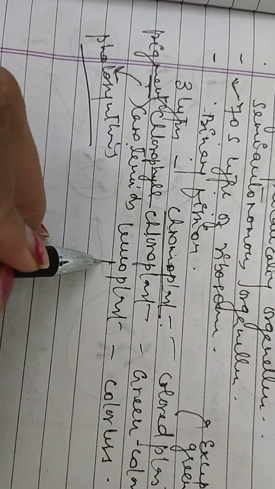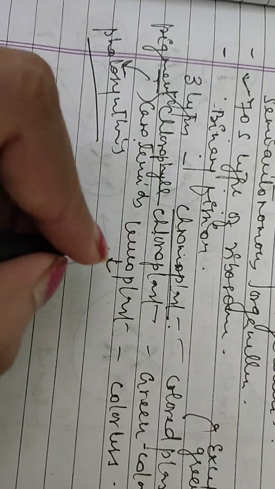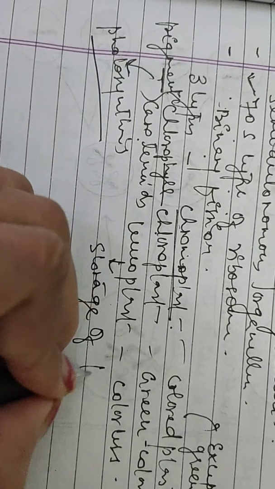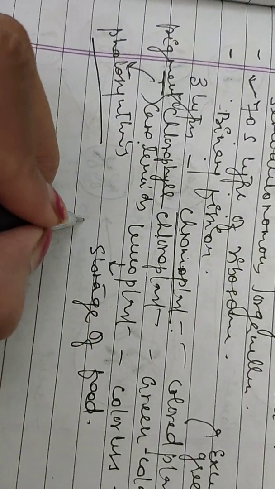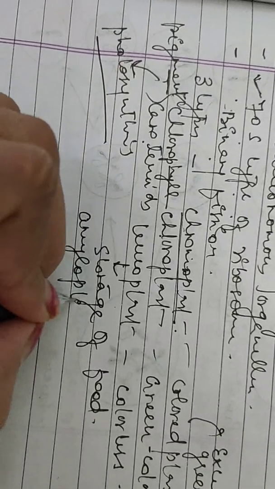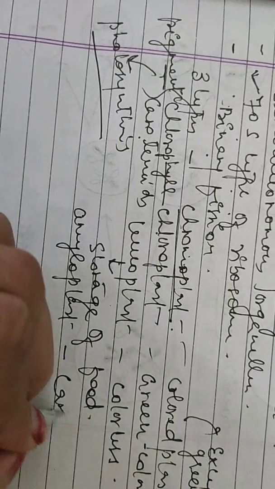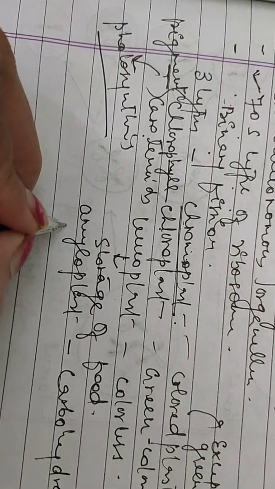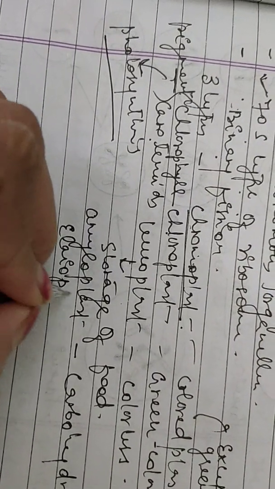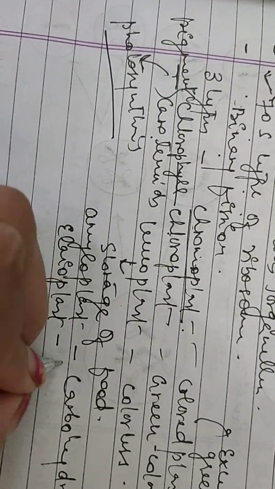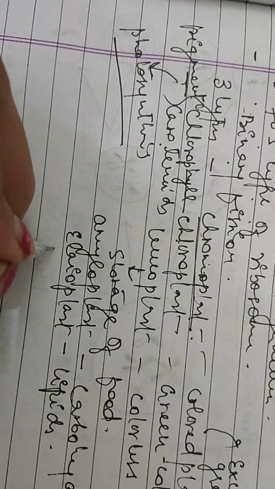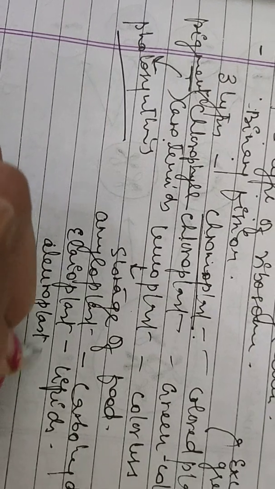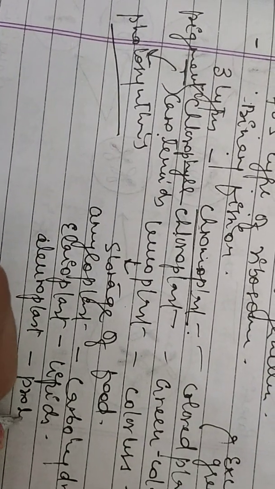Leucoplasts lack any color, so they take part in storage of food, like amyloplast for storage of carbohydrate, elaioplast for storage of lipids, then aleuroplast for the storage of proteins.